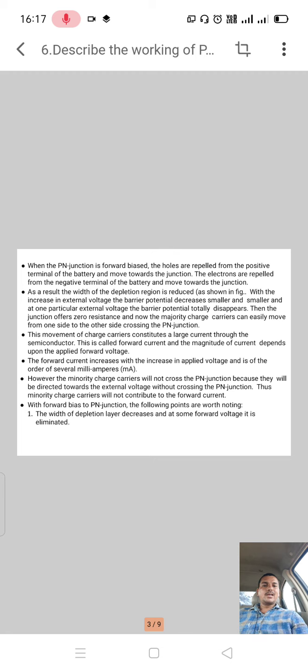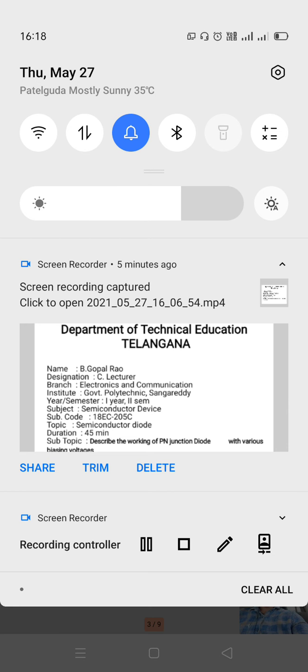Then the junction offers zero resistance, and now the majority charge carriers can easily move from one side to the other side, crossing the PN junction. This movement of charge carriers constitutes a large current through the semiconductor. This is called forward current.